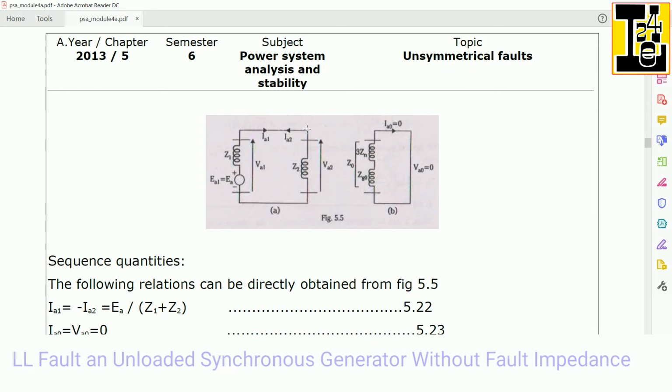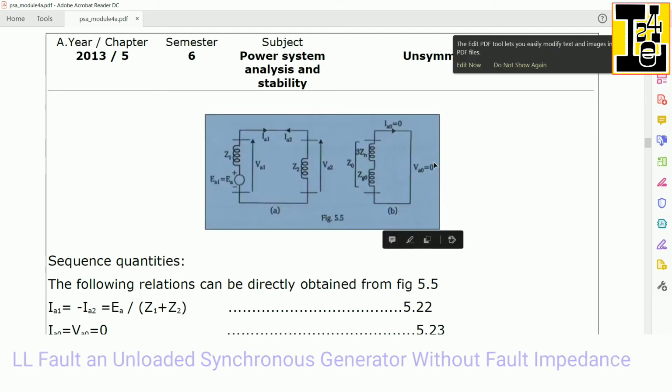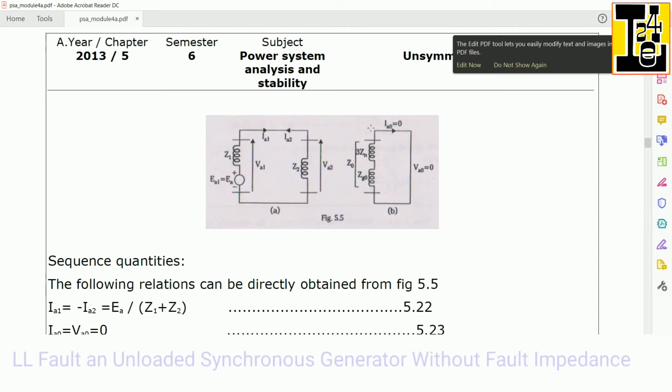Hence we know that in any parallel circuit the voltage remains the same. Also, by seeing the relations, we can write the directions of the currents IA1 and IA2 opposite to each other. This zero sequence network is connected separately and shorted on itself.